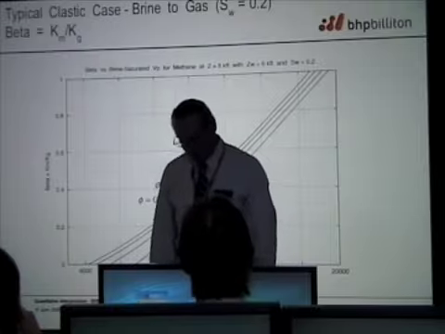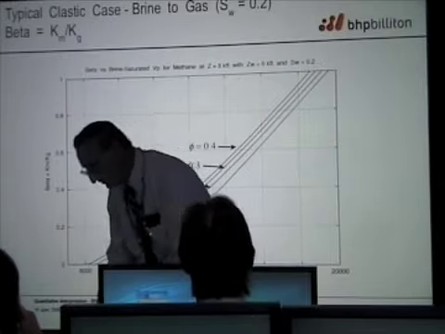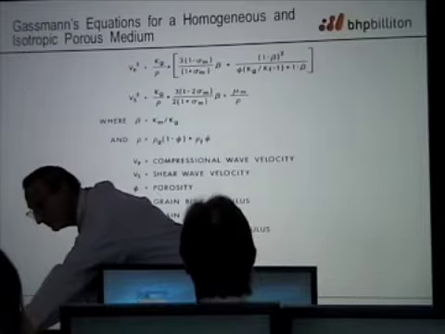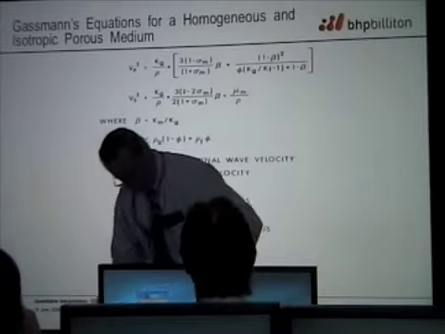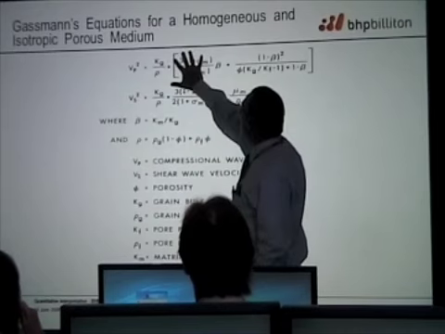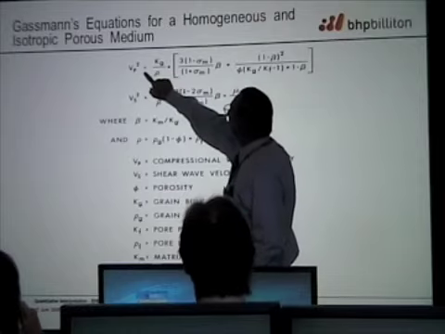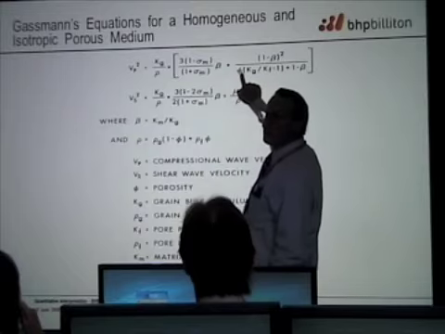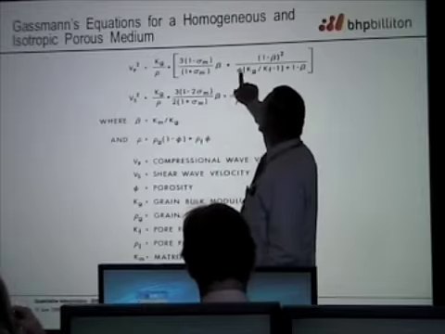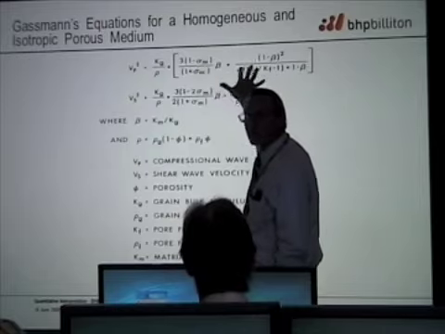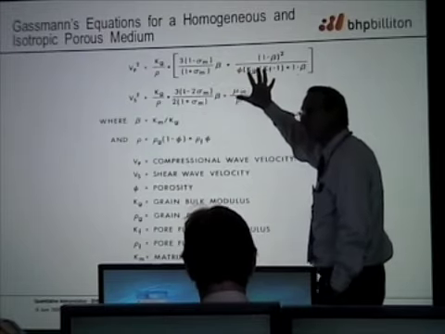Right? Now, why did I do that? And the reason I did it is because what do we need to solve this equation? We need VP now and porosity. We need a pair, VP and porosity, in order to solve for beta with a known value of sigma sub m and all these other constants of the fluids and the solids.